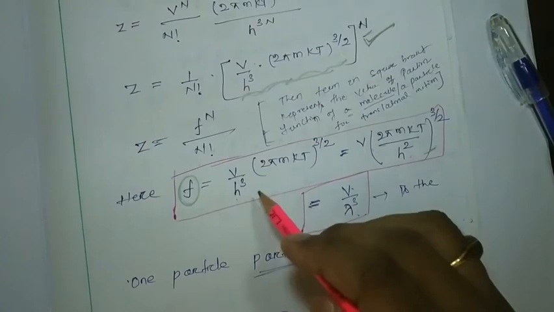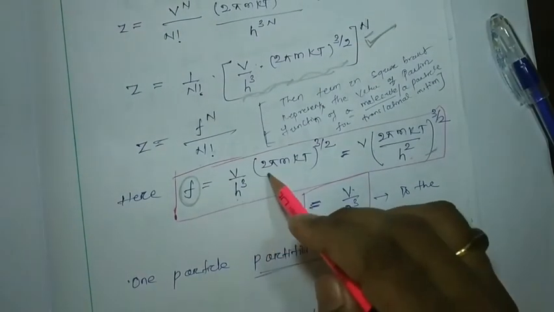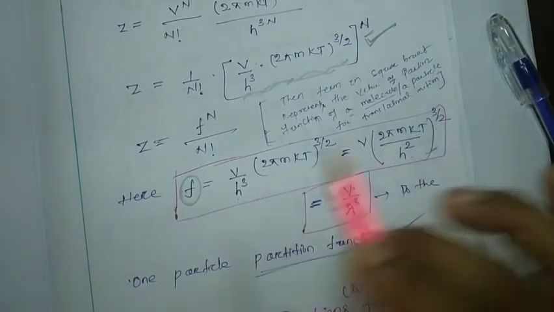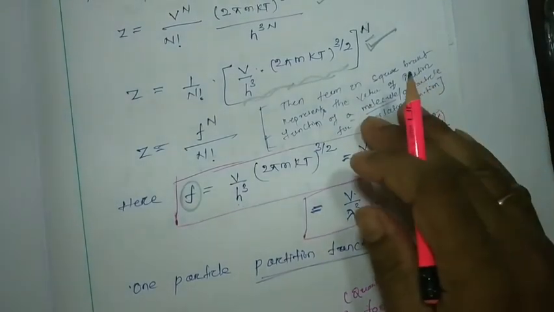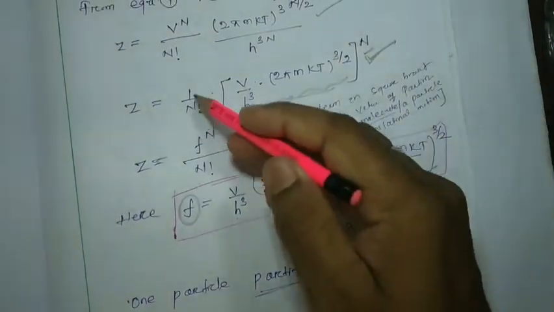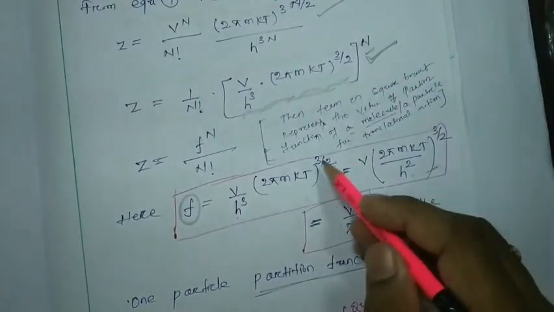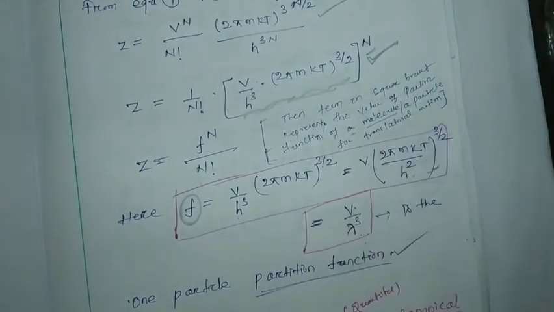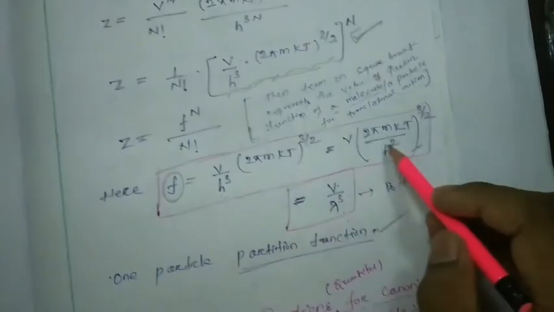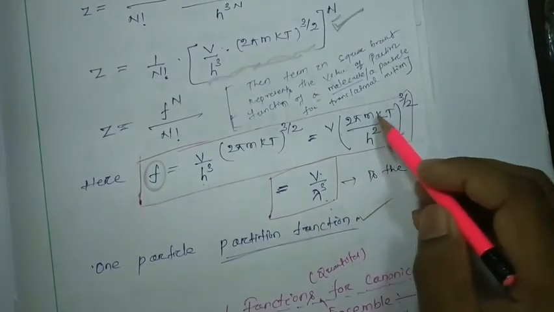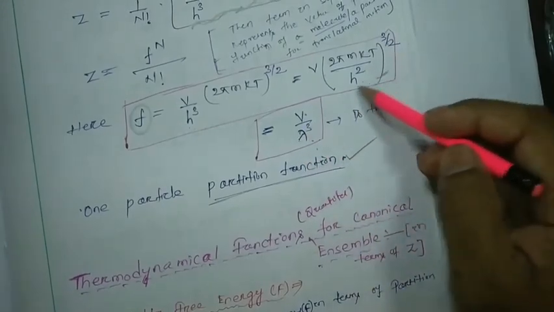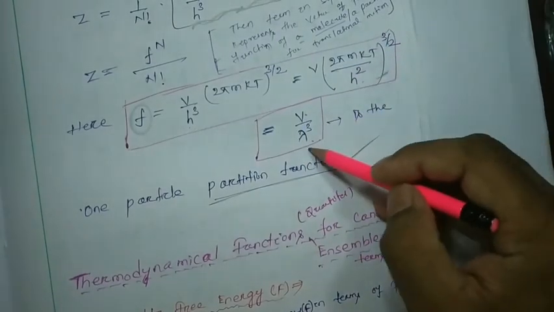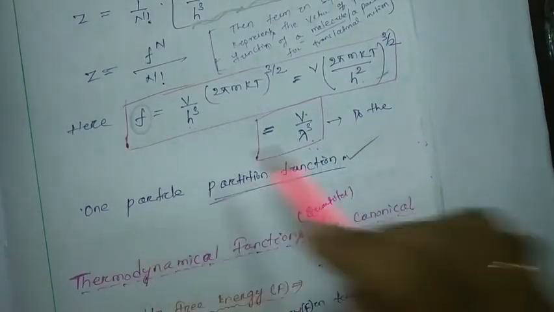Just remember (V/h³)(2πmkT)^(3/2). For n number of monoatomic particles, you just divide by n factorial and raise to the power n. That's it. This is in another form V(2πmkT/h²)^(3/2), and it can be represented as V by λ³, which is the one particle partition function.